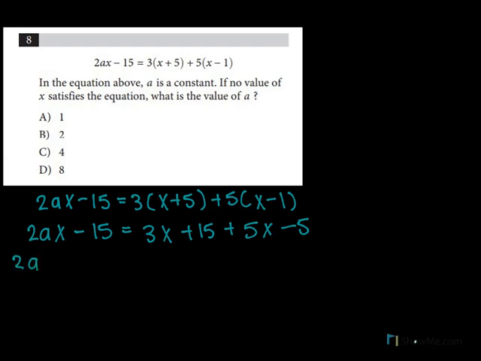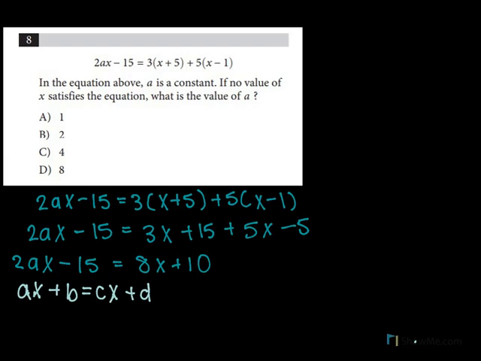And now we'll just simplify the right-hand side. 2ax minus 15 equals, so 3x plus 5x is 8x, and 15 minus 5 is 10. So we now have 2ax minus 15 equals 8x plus 10. So now we see that the equation is in the form ax plus b equals cx plus d.